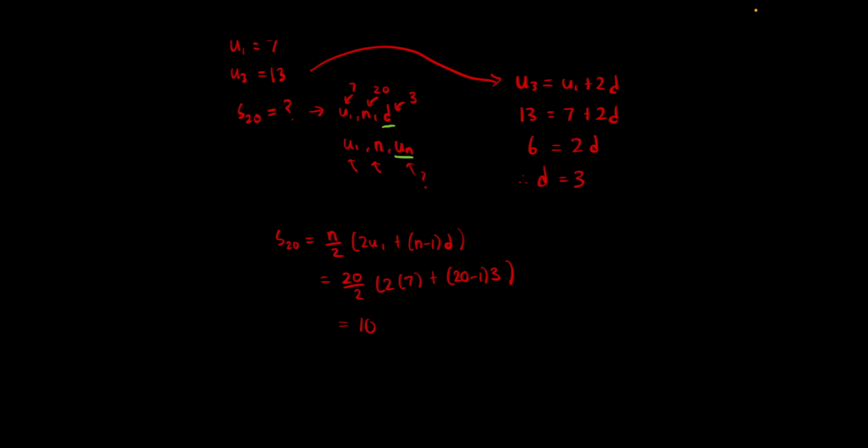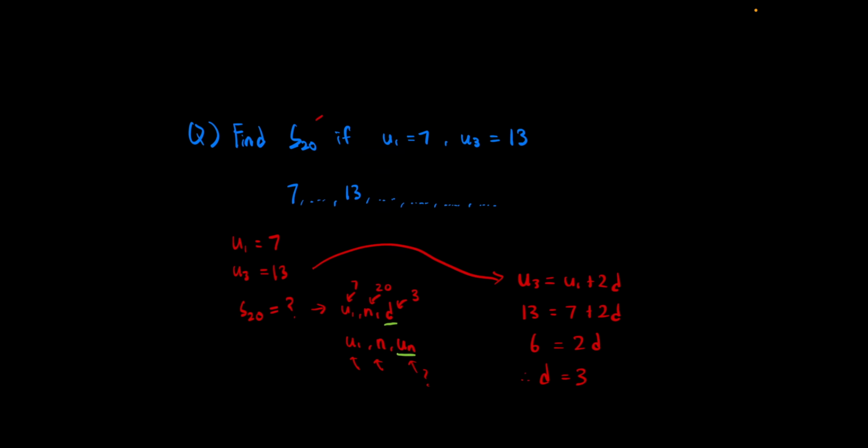Quickly simplifying this, we get 14 plus 57, and this becomes 10 times 71, which is 710. So therefore, S_20, which is the sum of the first 20 terms inside of this arithmetic sequence, is equal to 710.